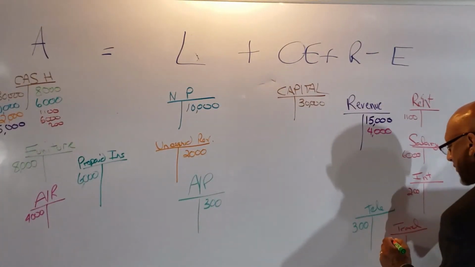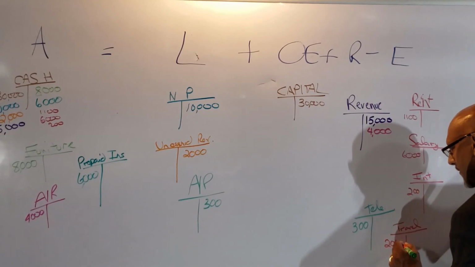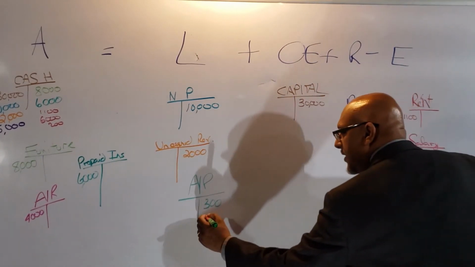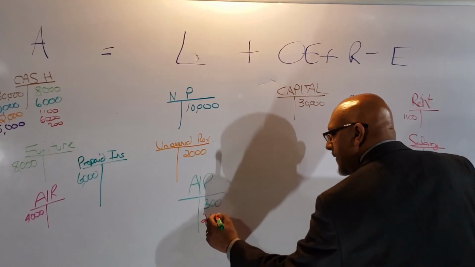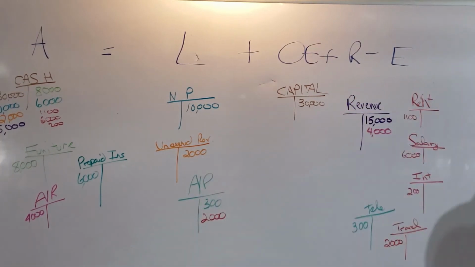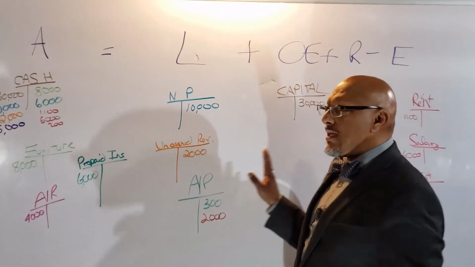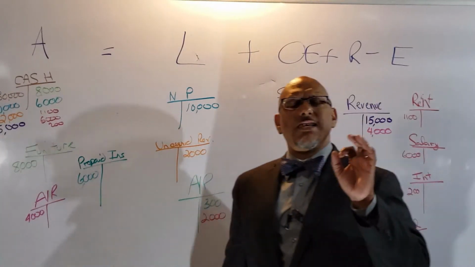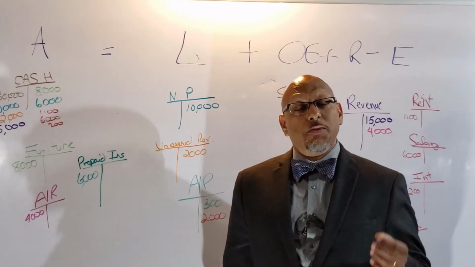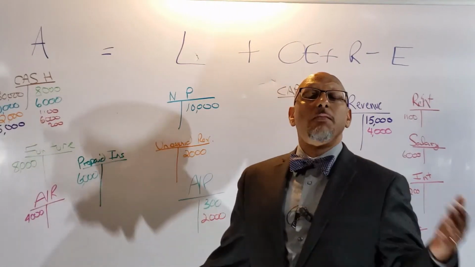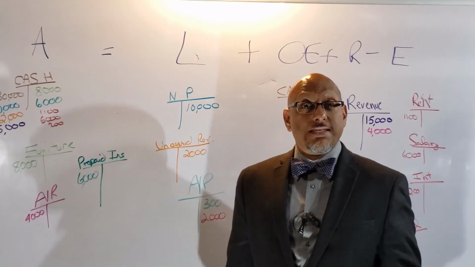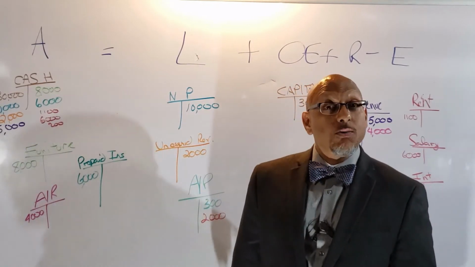So we're going to debit travel for $2,000 and credit $2,000 in accounts payable. More precisely, and in this case we'll leave it this way, this would be a credit card payable, not accounts payable. But again, for simplicity's sake, we'll keep it as accounts payable.